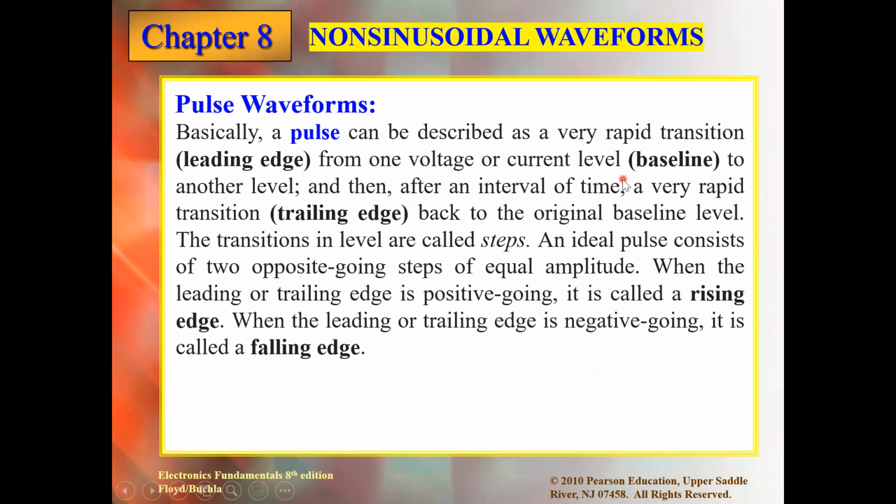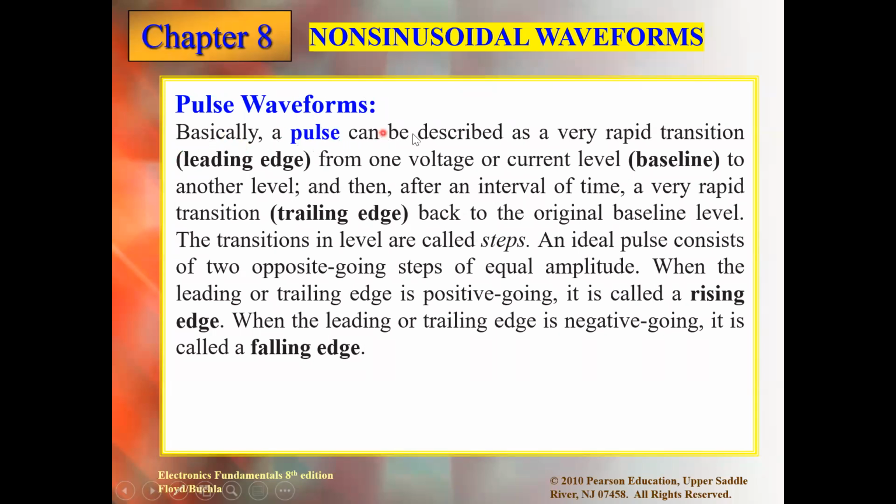Okay, guys, so this topic is about non-sinusoidal waveforms. Before that, we have discussed the sine waves, their properties, and all these things. This is basically non-sinusoidals, that is, the waveforms which are not sine, they are different shapes. So pulse waveforms come in this category.